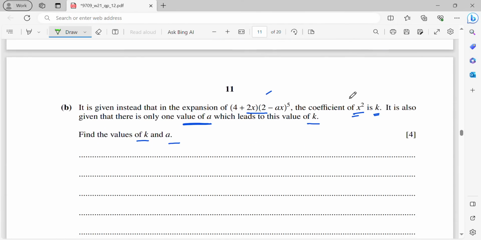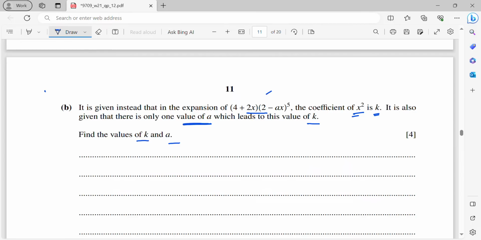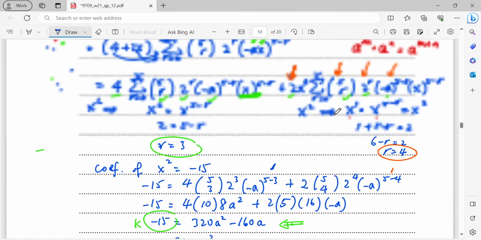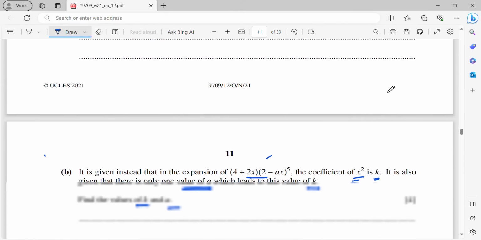So the negative 15 will be changed to k, which equals 320a squared minus 160a.